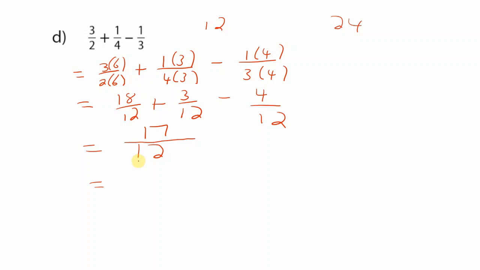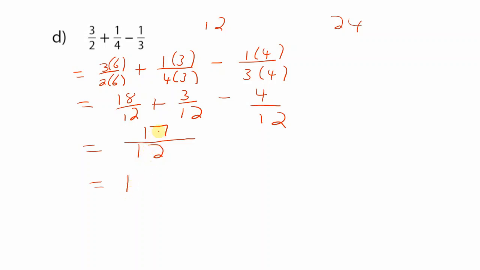Is that the simplest form? Now this is not a mixed fraction, it's an improper fraction. The numerator is bigger than the denominator. So we can in fact change it to a mixed fraction. First see how many times 12 goes into 17: once.